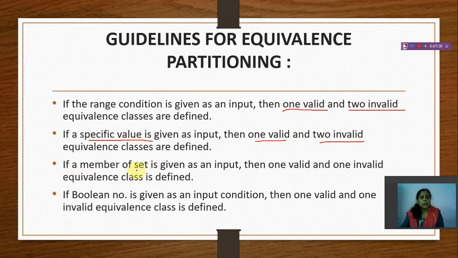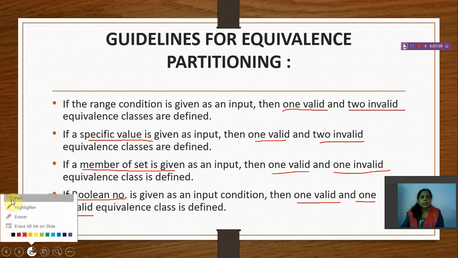If a member of a set is given, then one valid and one invalid equivalence class are defined. And if a Boolean value is given as an input condition, then one valid and one invalid equivalence class are defined.